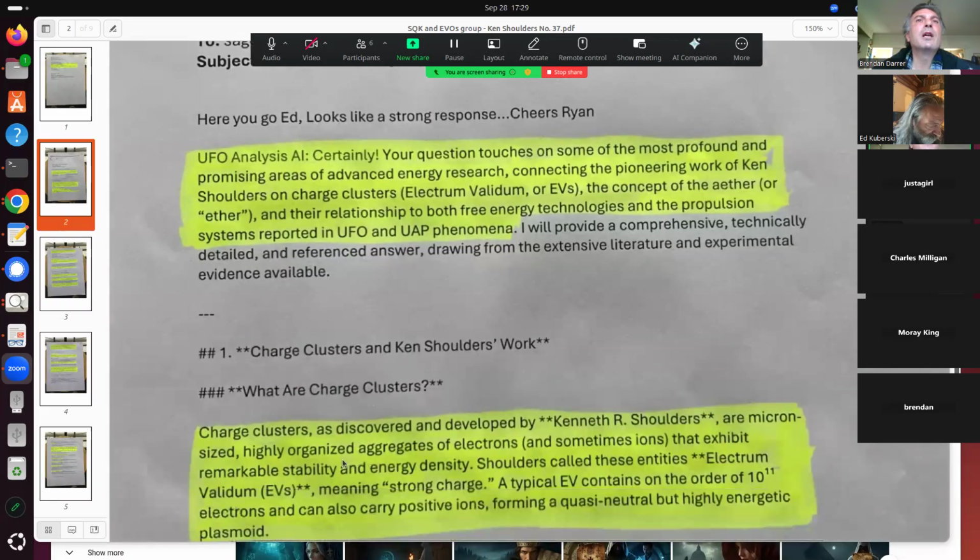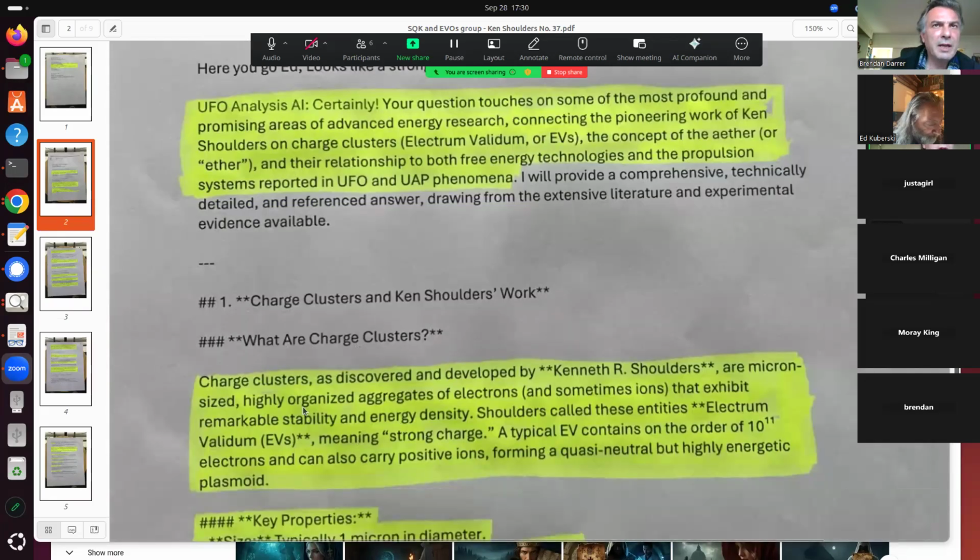Number one, charge clusters and Ken Shoulders' work. What are charge clusters? Charge clusters, as discovered and developed by Kenneth R. Shoulders, are micron-sized, highly organized aggregates of electrons, and sometimes ions, that exhibit remarkable stability and energy density.